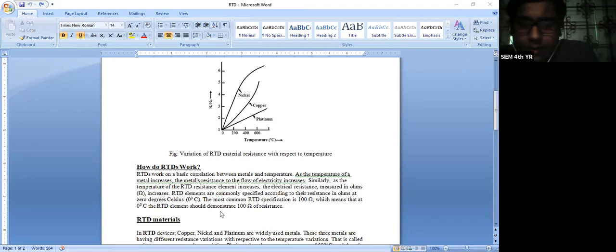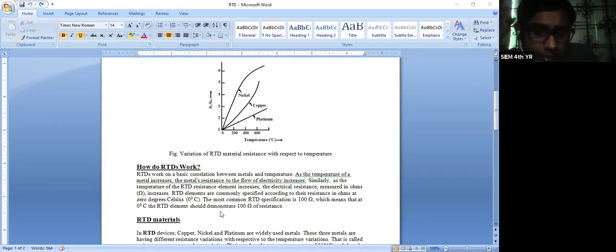So what we will do: the initial resistance of the RTD material, meaning its resistance at 0 degree Celsius, is known to us. Suppose due to peripheral reasons, environmental causes, the surroundings, different factors, its temperature changes. Now a resistance measuring device is connected with the RTD, which can measure the change in resistance of the RTD material.